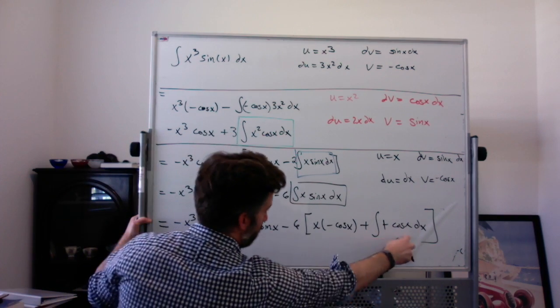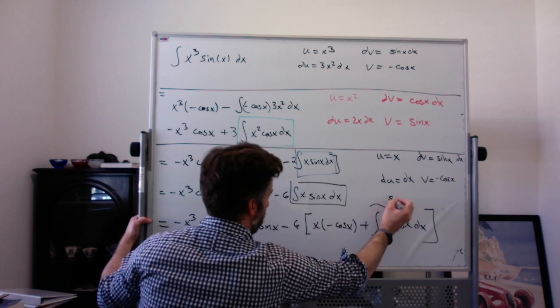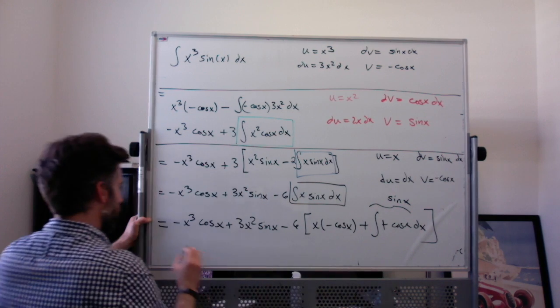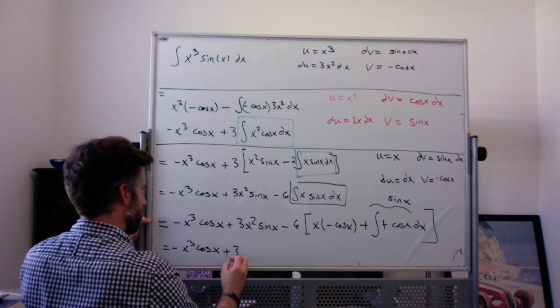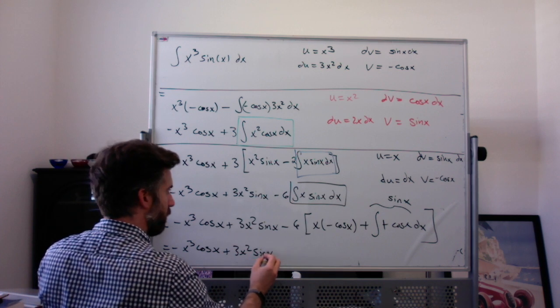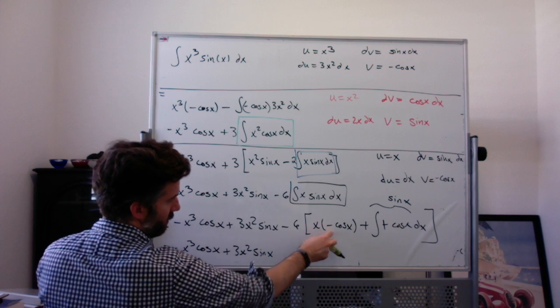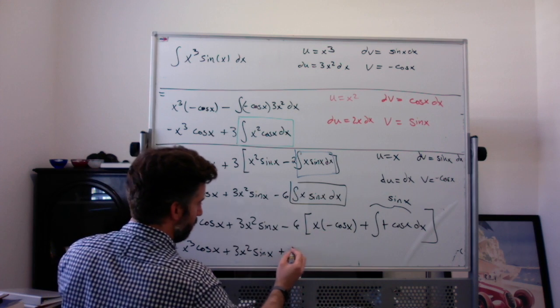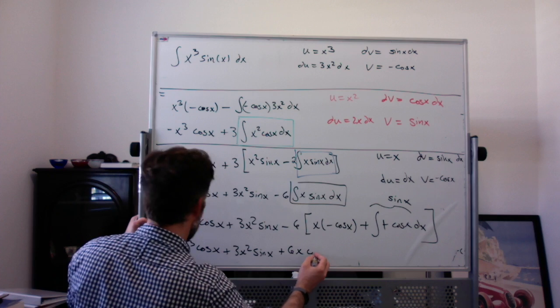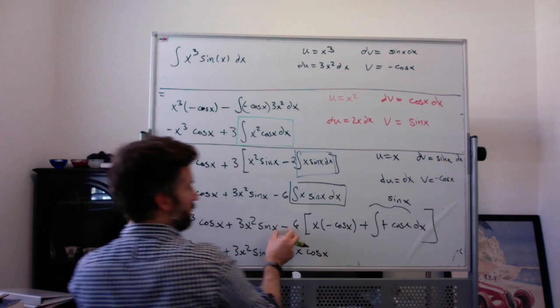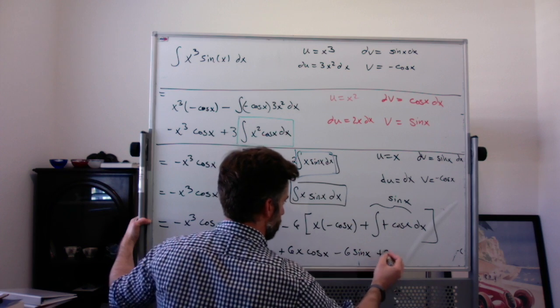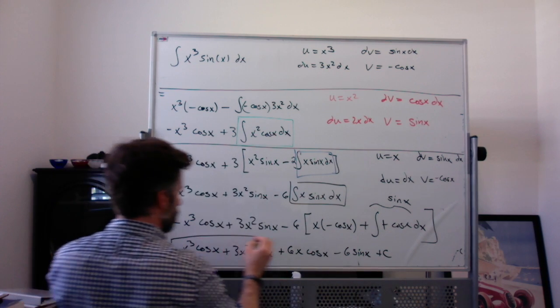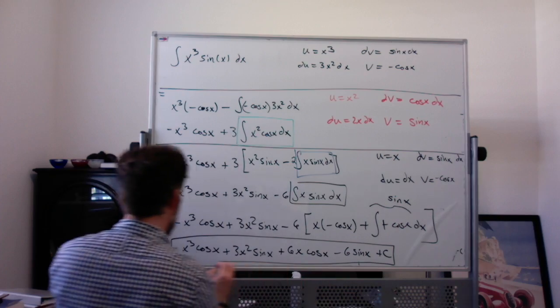The integral of cosine is sine. Sorry, I just want to try and fit this all here. So I end up with negative x cubed cosine of x plus 3x squared sine of x minus 6 times x times negative cosine, which is positive 6x cosine x, and negative 6 times sine is minus 6 sine of x plus c. What a giant pain in the butt.